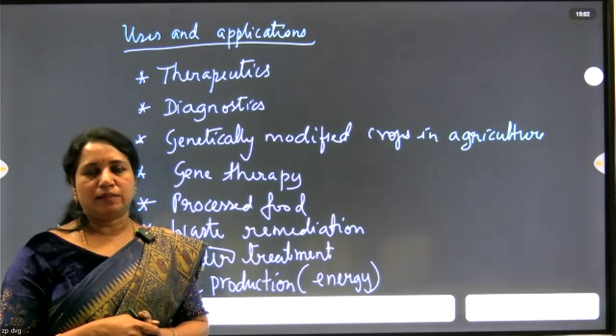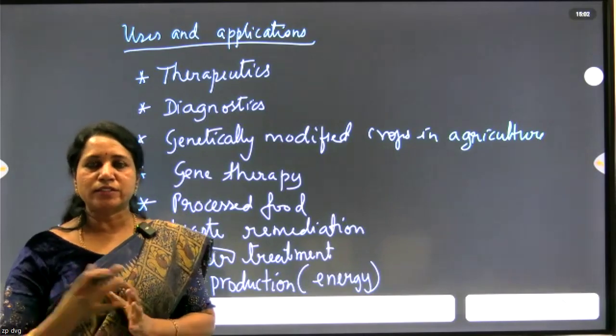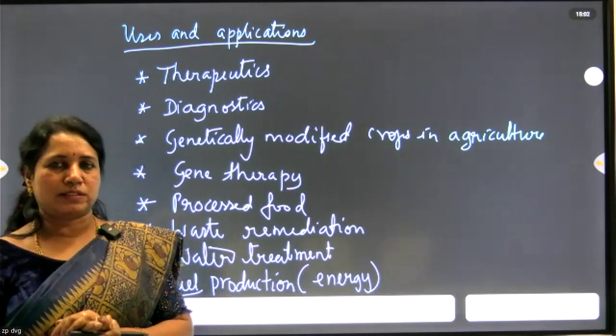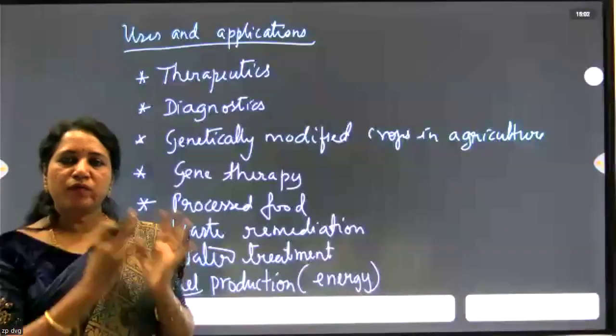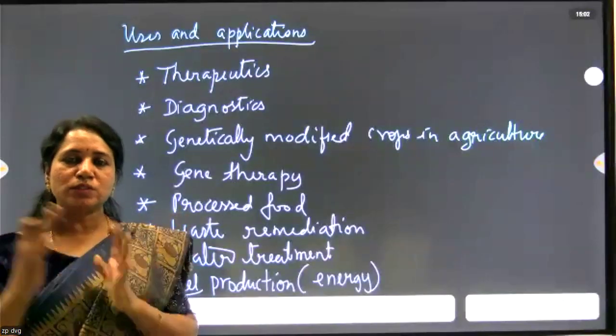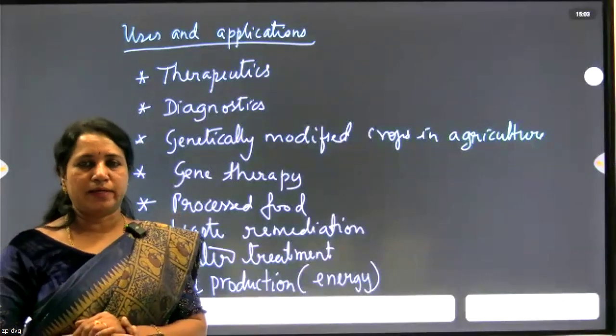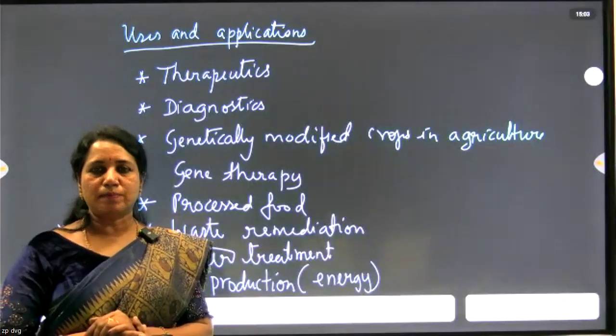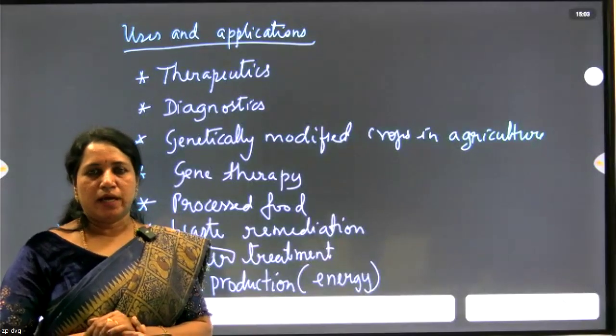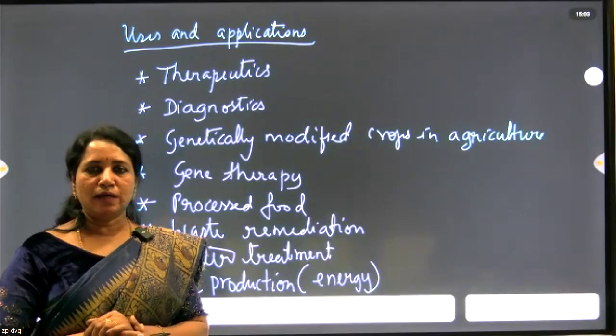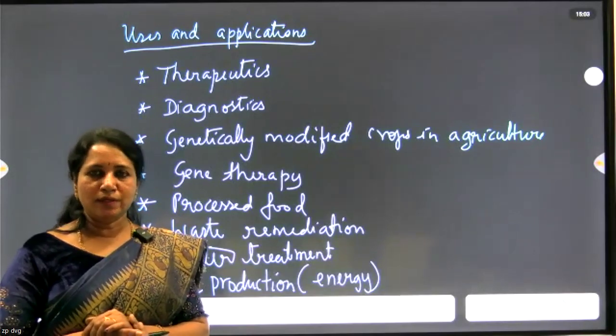That is the second critical research area. And the third research area, after obtaining all these products in the bioreactor, we have to process them. That is downstream processing techniques, used to purify the product from the bioreactor.